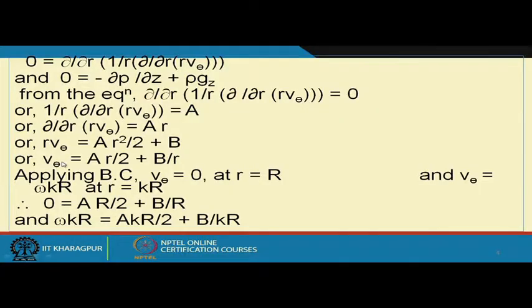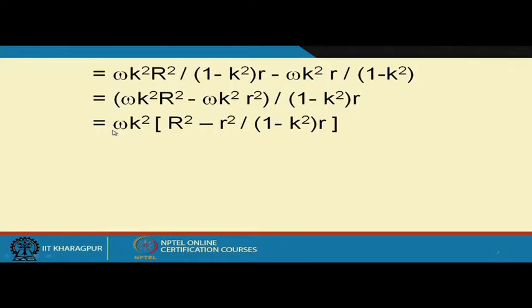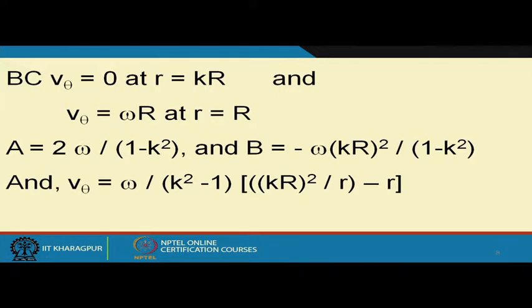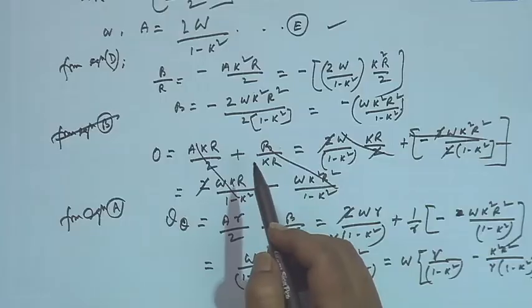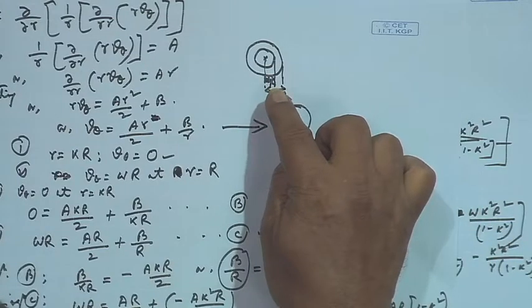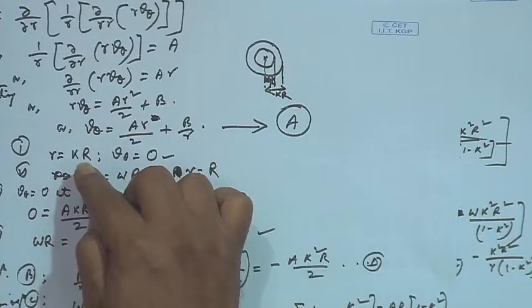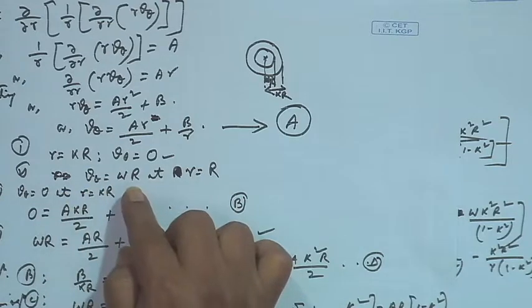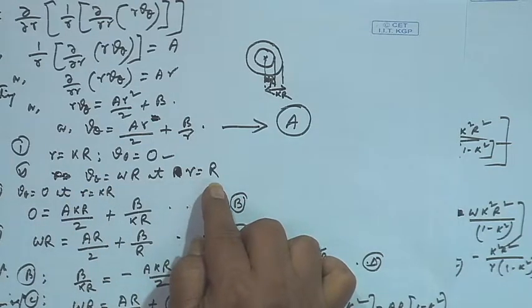Let us look into the final solution which we have gotten, on the same thing we have done. You see, the boundary condition was v theta is equal to 0 at r is equal to k r, right, and v theta is omega r at r is equal to r, right. This was our condition: v theta is 0 at r equal to k r, and v theta is equal to omega r at r equal to r, right.